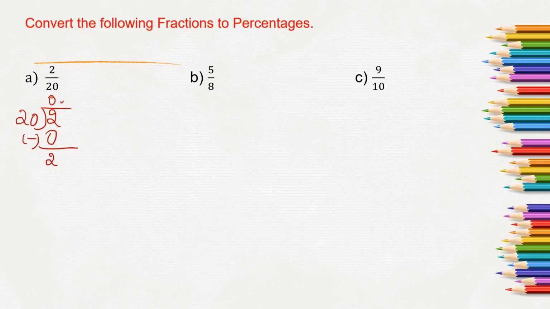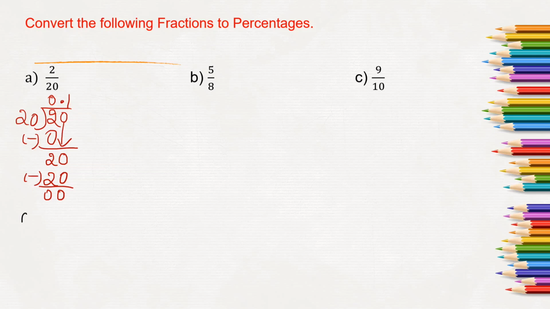Then place the decimal point, add 0 next to 2 and bring down that 0. So we are left with 20 now. 20 one time will be 20, right? Now 20 minus 20 is 0. We got the remainder as 0, and the result is 0.1.